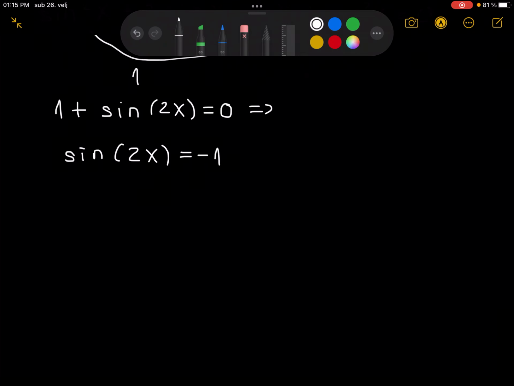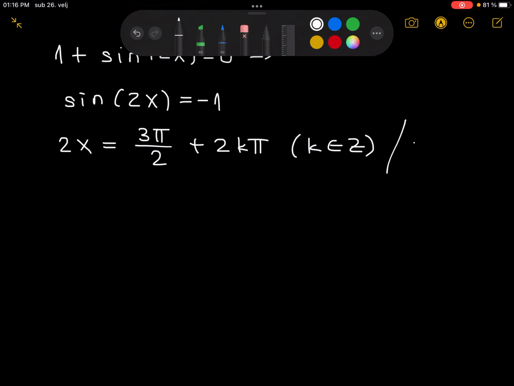So from here, we get that 2x must be equal to 3 pi over 2 plus 2k pi, where k is an integer, any integer.